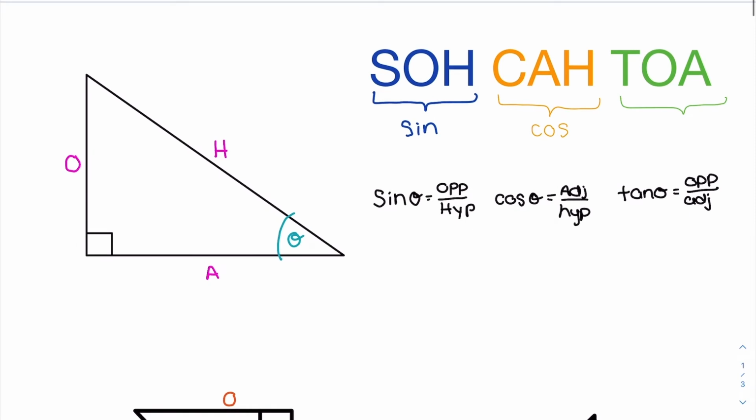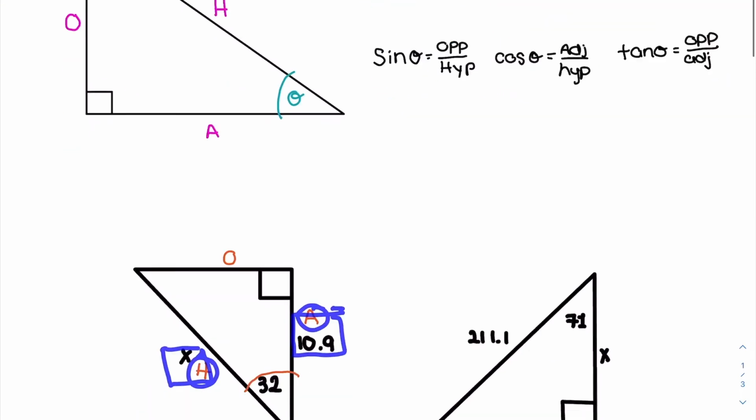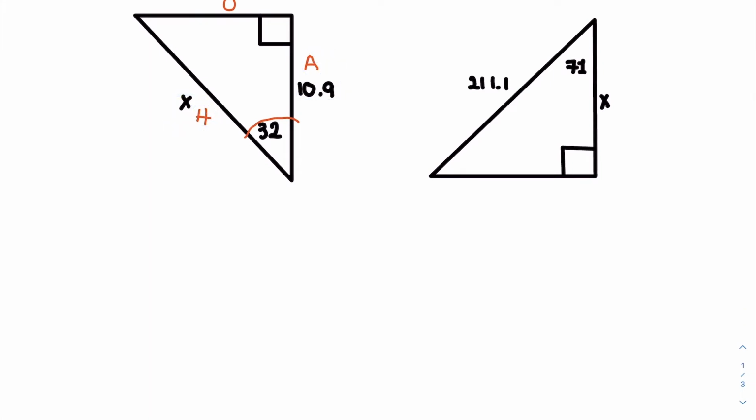Well, if we look back up, we can see that cos uses A and H. Okay, so we're going to have cos of theta, which is our angle, which we actually know, so it's going to be cos of 32. And it's going to equal our A over H. So A was 10.9, and H is actually just X, we don't know. So this is what it looks like.